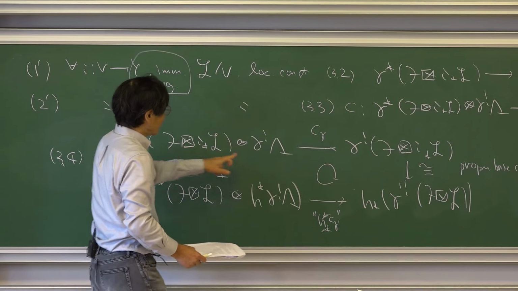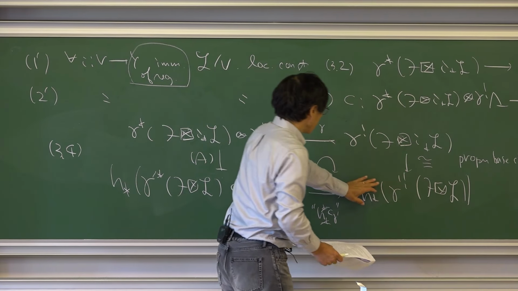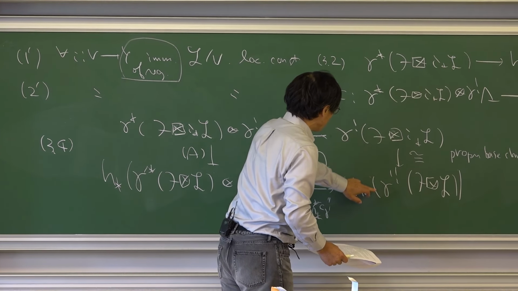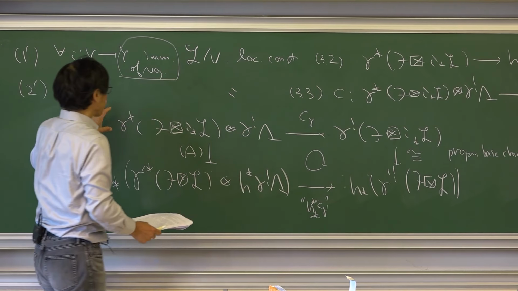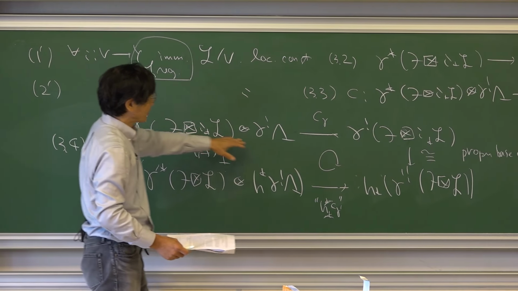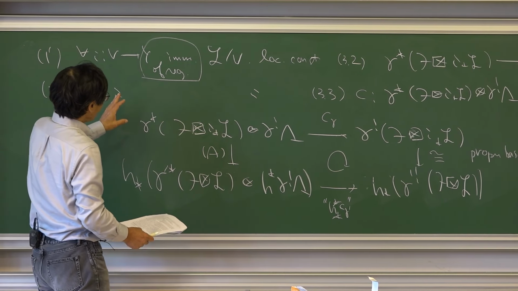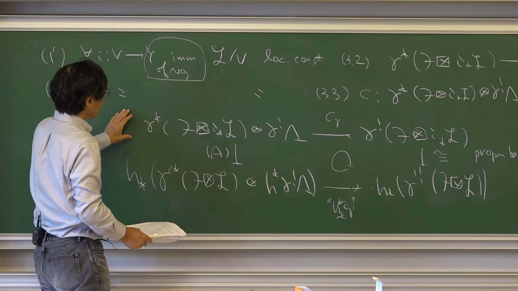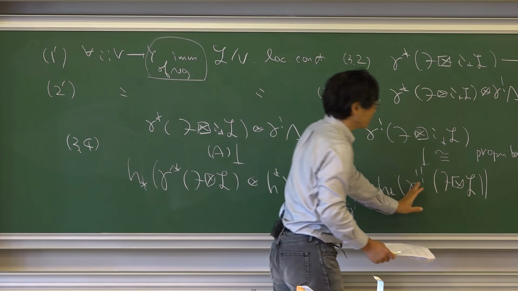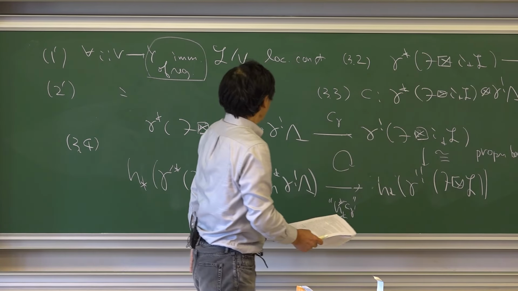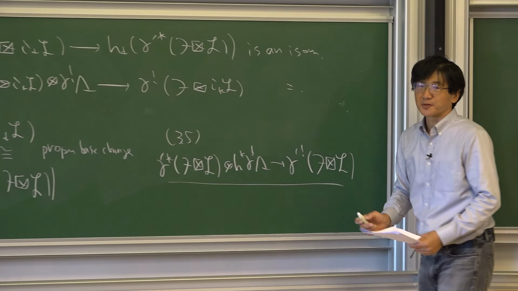So if this is an isomorphism, then by taking the adjoint, I can move this H lower star as H upper star here, and still we get an isomorphism. So I said H upper star of this is isomorphic to that one. And this exactly means 3.5 is an isomorphism.